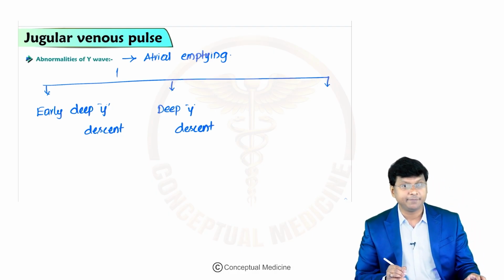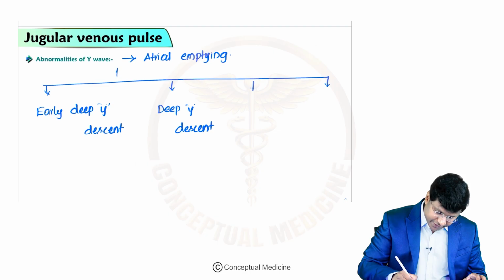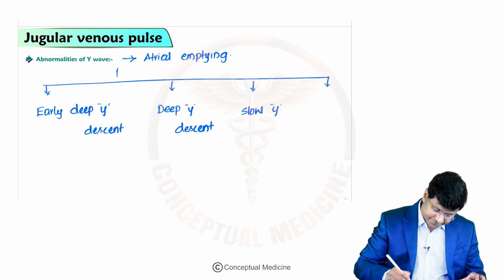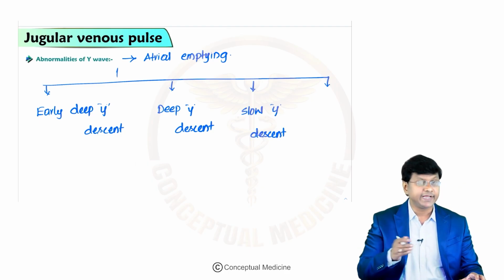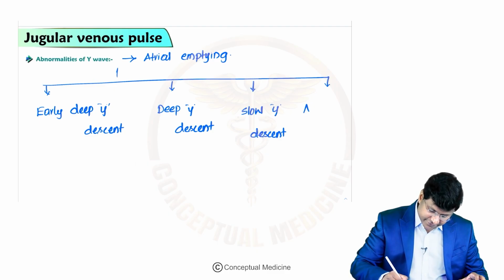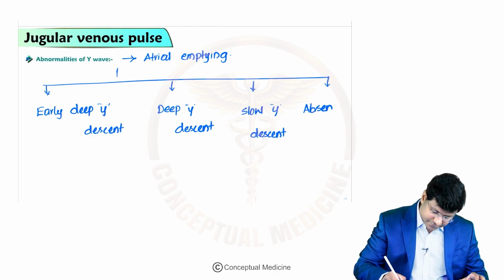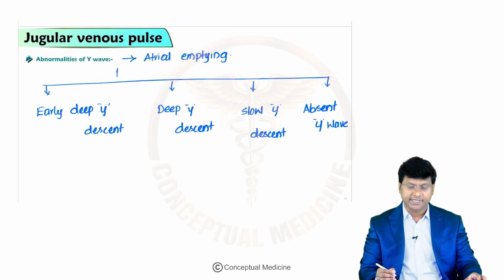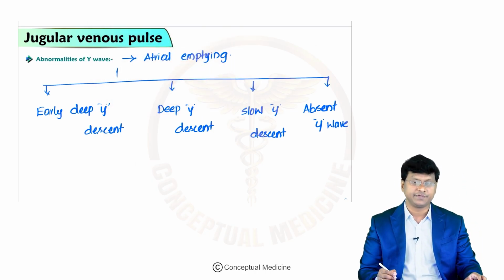The third important abnormality is slow Y descent. And the fourth important abnormality is the absent Y wave.